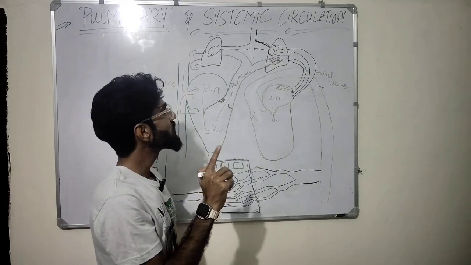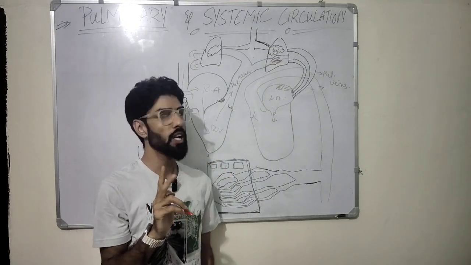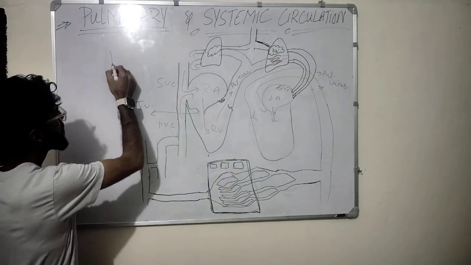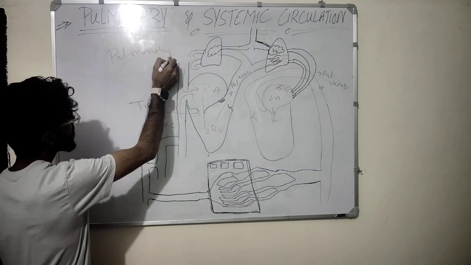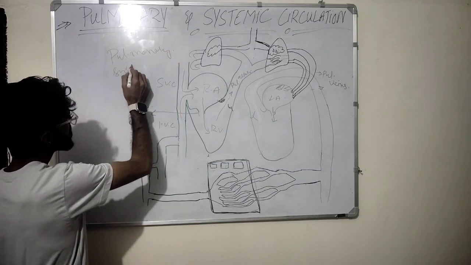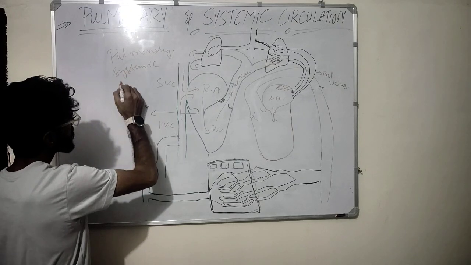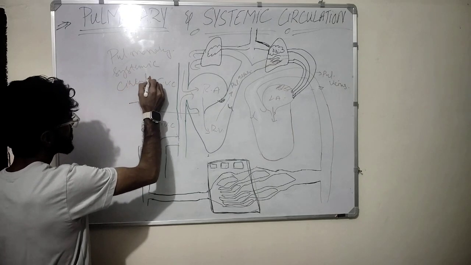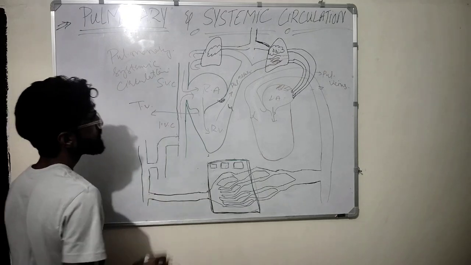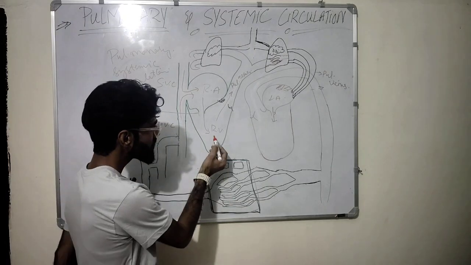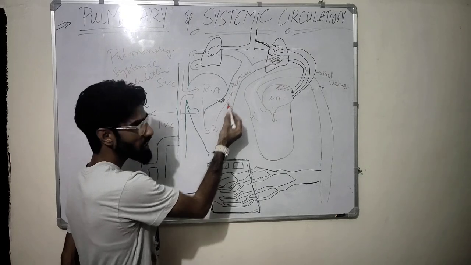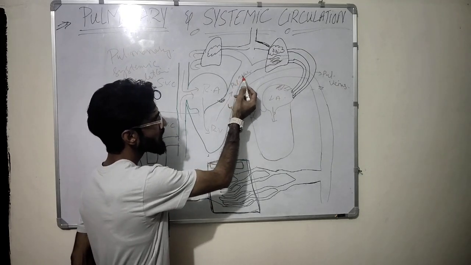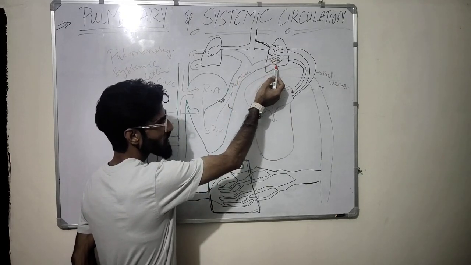Primarily, there are 2 types of circulation. One is pulmonary circulation and the other is systemic circulation. Pulmonary circulation will start from the right ventricle and it will eject the deoxygenated blood into the pulmonary artery, and here the gas exchange will occur.